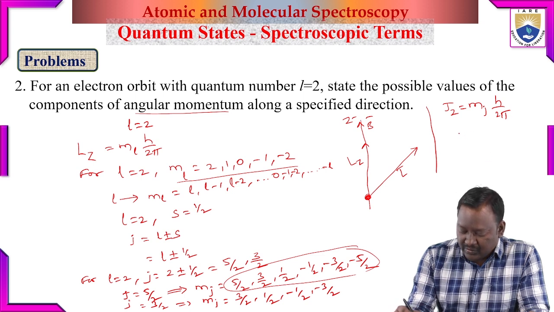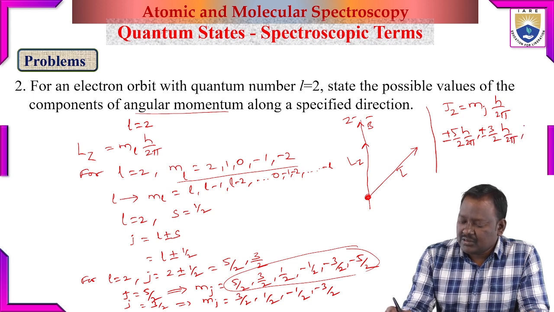So the Z component of total angular momentum can be 5 by 2 h by 2 pi, plus or minus 3 by 2 h by 2 pi, plus or minus 1 by 2 h by 2 pi.